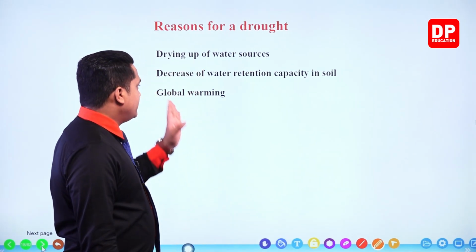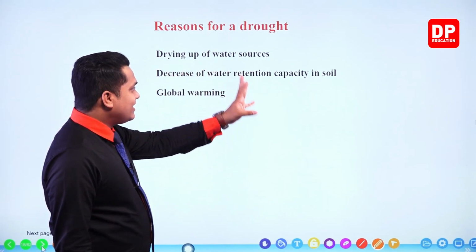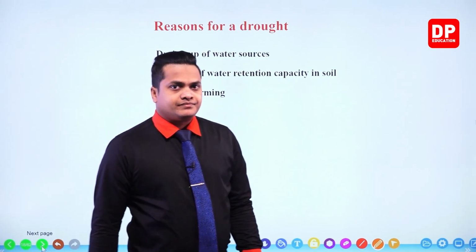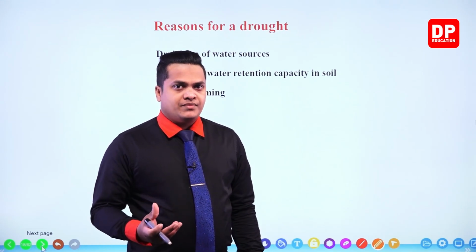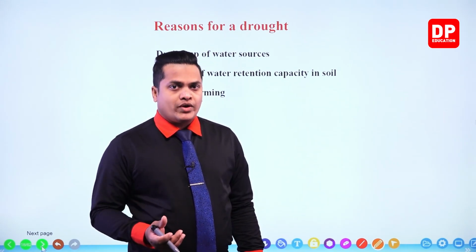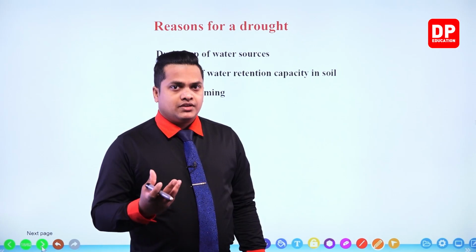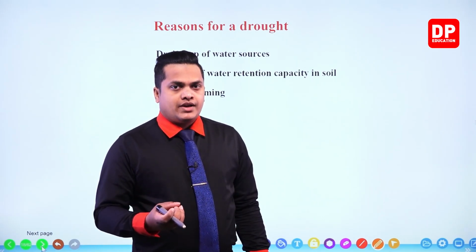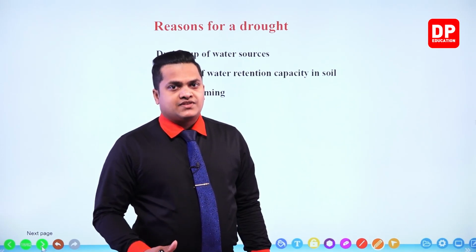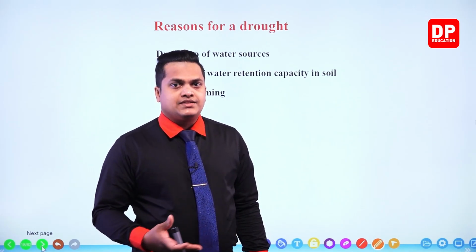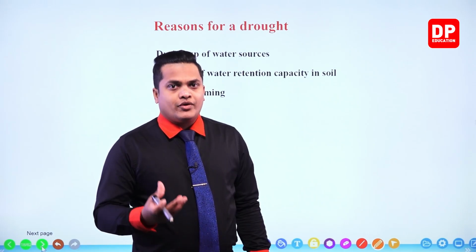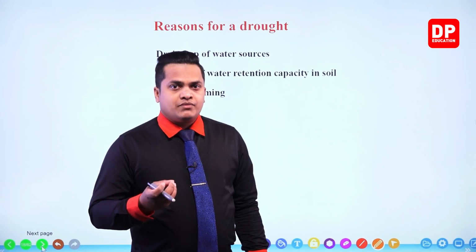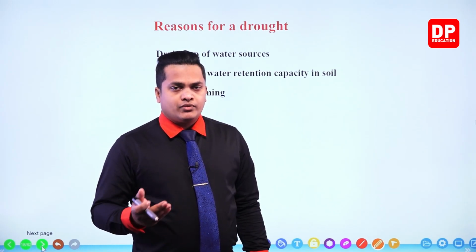The second one given is decrease of water retention capacity in the soil. So what do you mean by that? Retention of water means, now you know that the soil in our earth contains some amount of water, right? If you take a sample of soil from any place in the earth and you heat it, upon heating, you know that some droplets of water are going to be released.